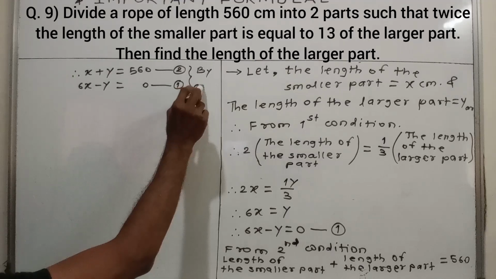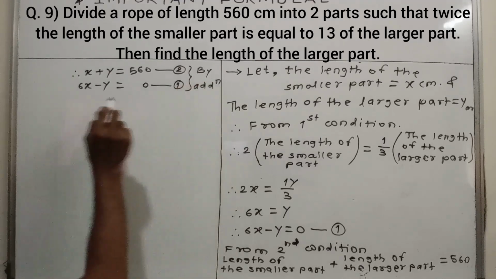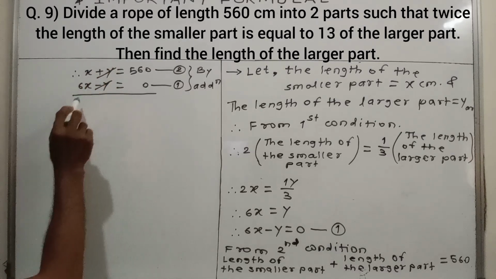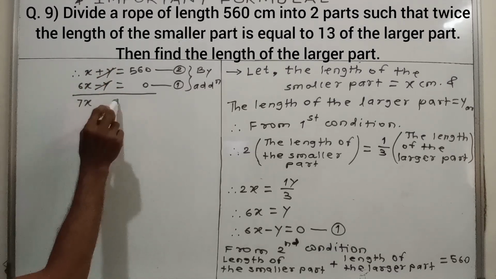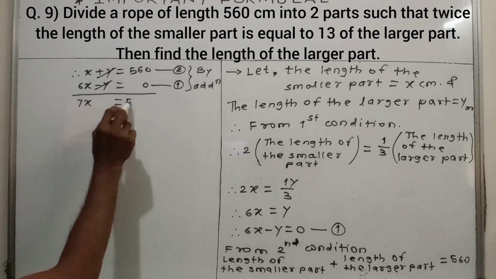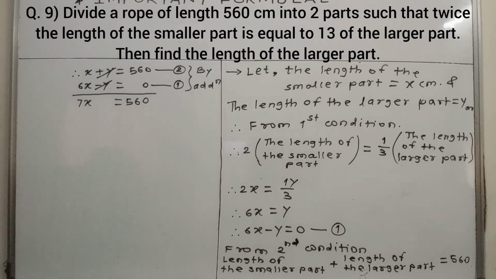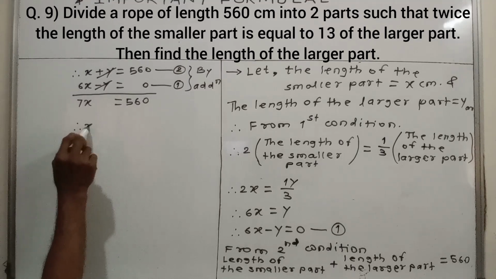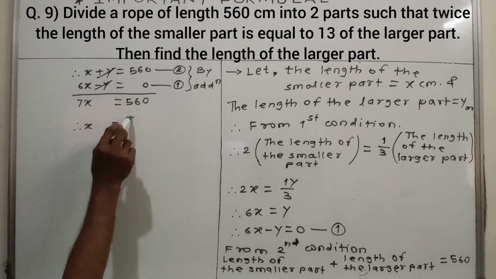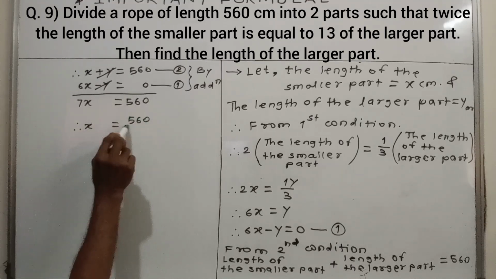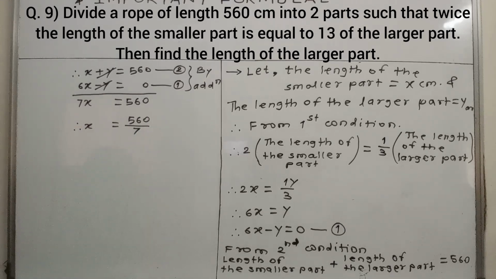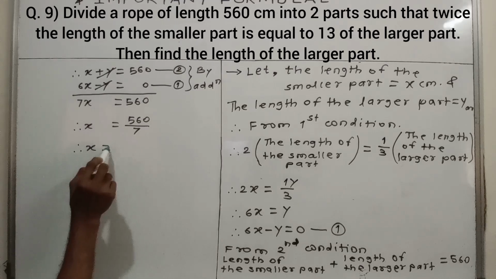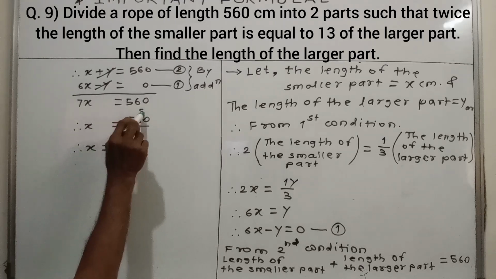Therefore, by addition, plus y minus y cancelled. Therefore, 7x is equal to 560. Therefore, x is equal to 560 upon 7. Therefore, x is equal to 80.